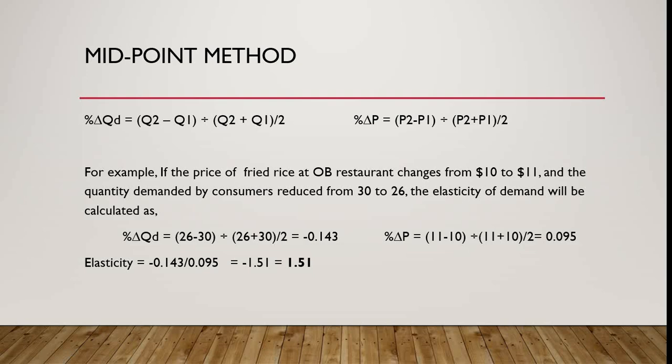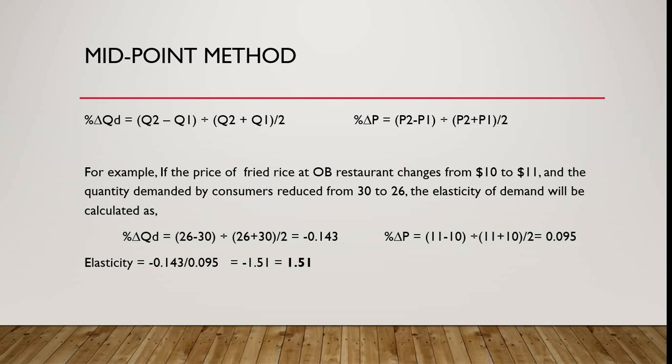So you can see that method 1 gave us 1.33, method 2 gave us 1.69, and the midpoint gave us 1.51. Now, which one is the most suitable? The midpoint is assumed to be the most suitable because it considers both values, both Q1 and Q2, and the same applies to price, both P2 and P1.